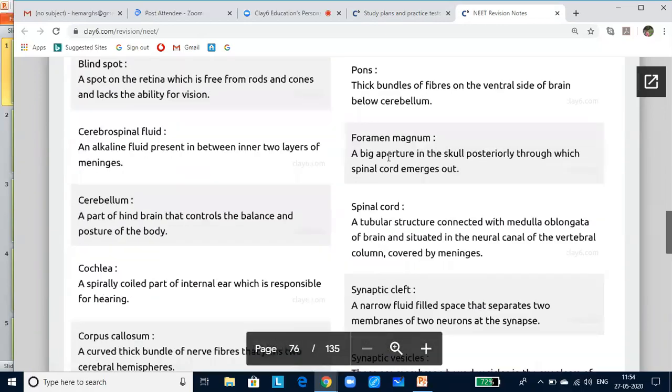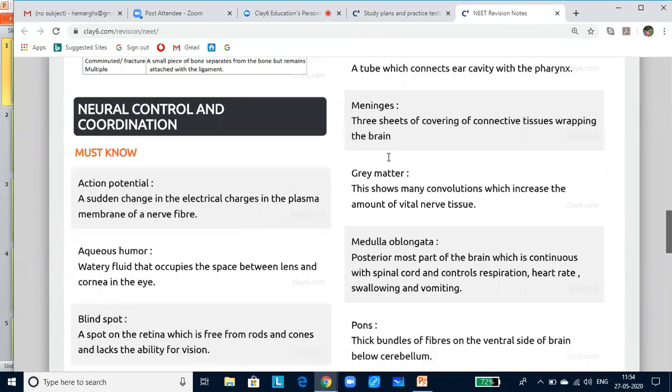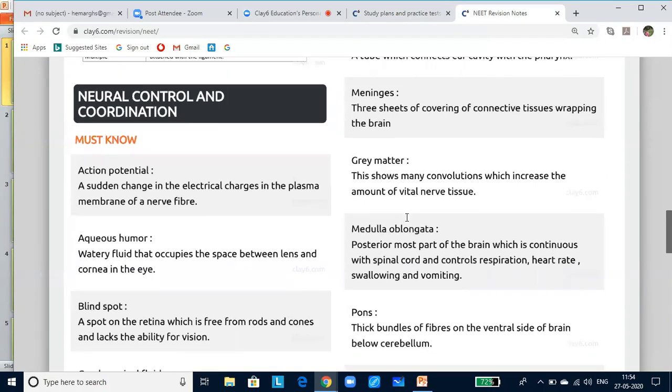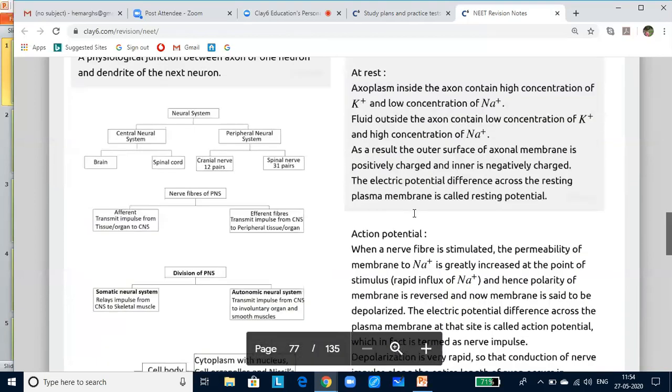Your 11th and 12th portions are all put together in physics, chemistry and biology into 135 pages, giving importance to the key concepts you need to know from the NEET point of view. I would suggest that it is a value addition for your study material and a revising tool if you take this package. Now today the lesson is neural control and coordination. Now let us look into this chapter.